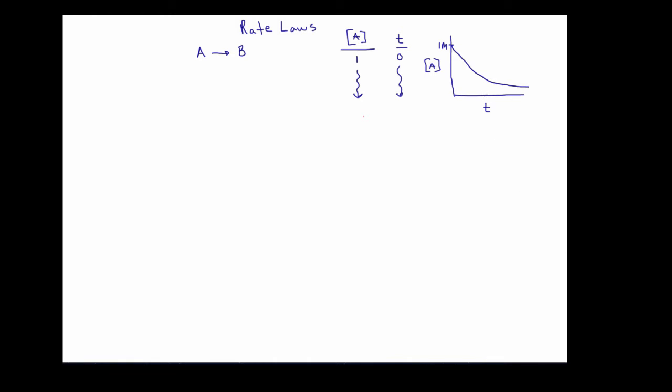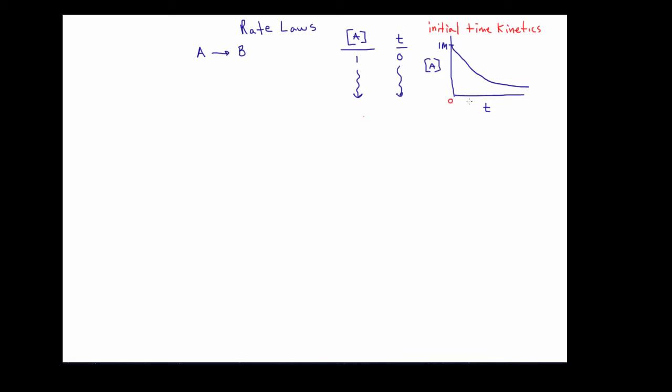Now, in kinetics, we're studying the rate of reaction as close to time zero as possible, and we call this initial time kinetics. What this means in English is that we're going to collect and analyze data that's very close to t equals 0.